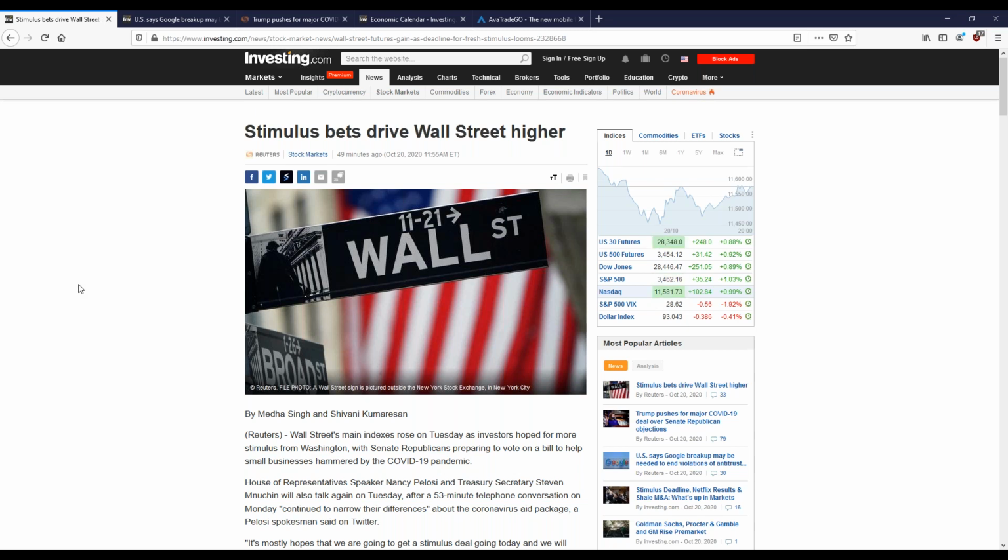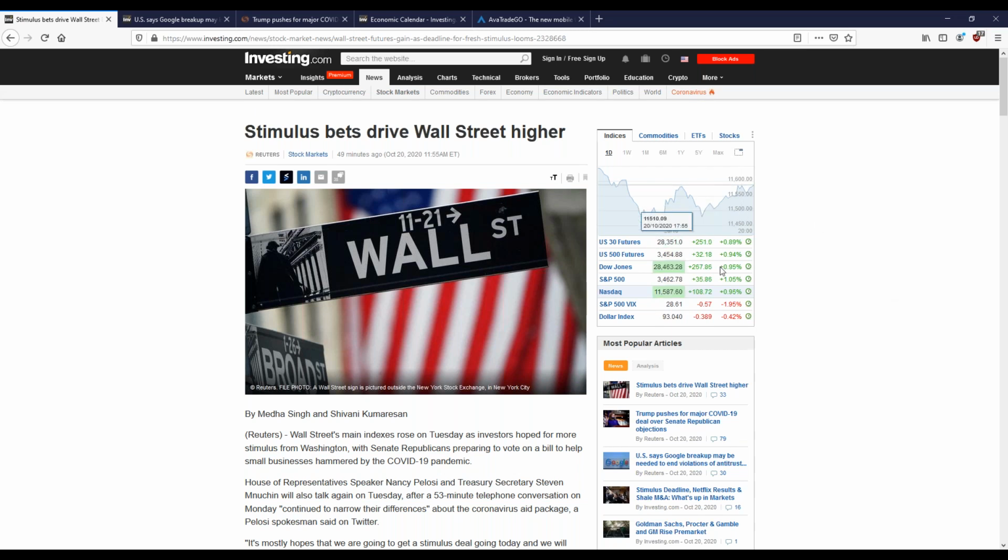Okay, real quick fundamentals. Stimulus bets drive Wall Street higher. It seems to change every day, doesn't it? This idea about more stimulus in the US. The Democrats and the Republicans are using it as a political tool rather than passing this. A lot of people are hurting, and a lot of businesses would like the extra stimulus money, but they can't seem to agree on an amount.